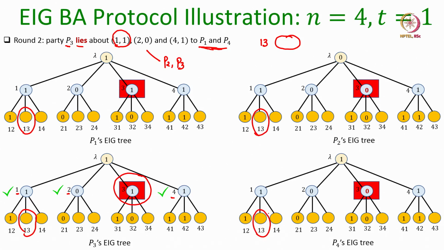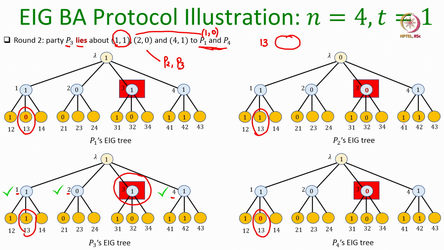So, to 1 and 4 it is going to lie, that means instead of sending 1 1 it is sending 1 0, whereas ideally it should send 1 1. That is why you see in P1's EIG tree the value assigned here is 0, and in P4's EIG tree the value assigned here is 0, whereas in 3's copy and 2's copy the values are correct.